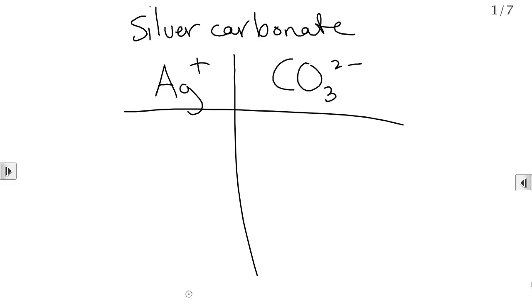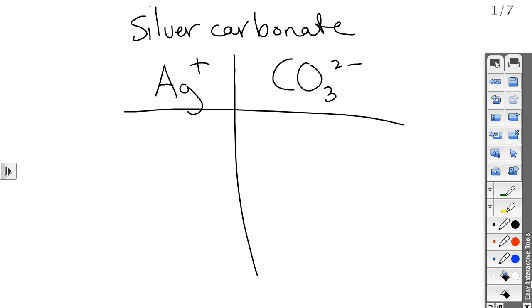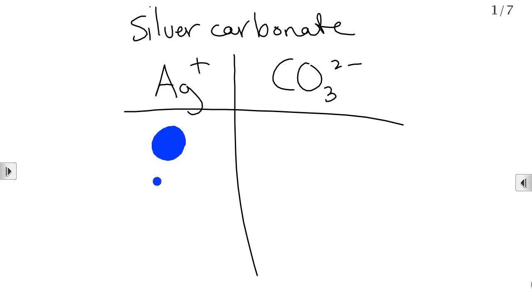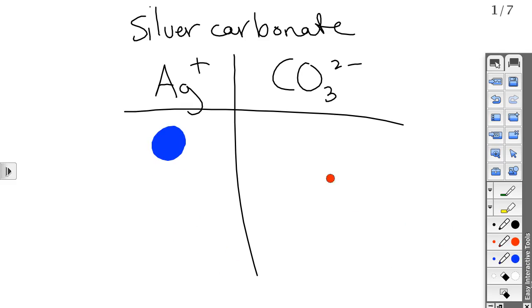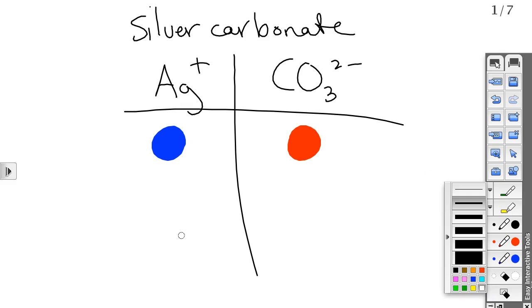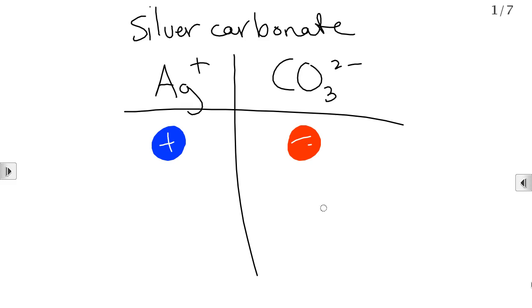Yeah. Okay, so let's start with 1 ion of each. So there's 1 silver, and there's 1 carbonate. 1 plus, 2 minus. Is this neutral? No. So what do I need more of? Silver or carbonate?